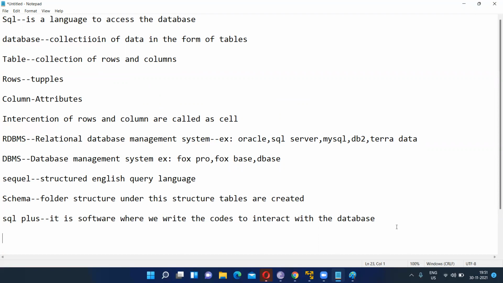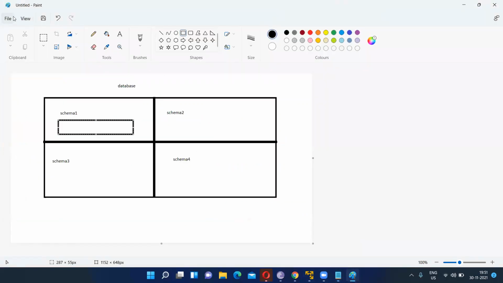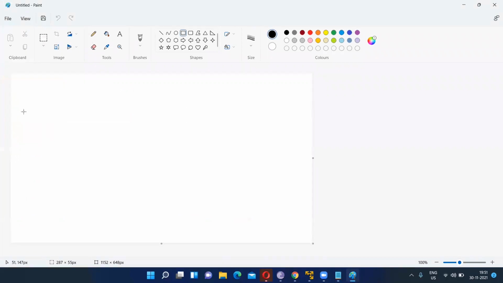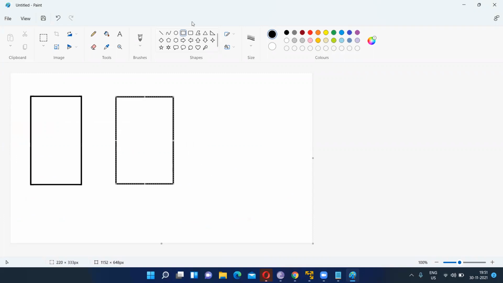Let me make this particular concept very clear. There are three things: the SQL Plus, the database, and the SQL.